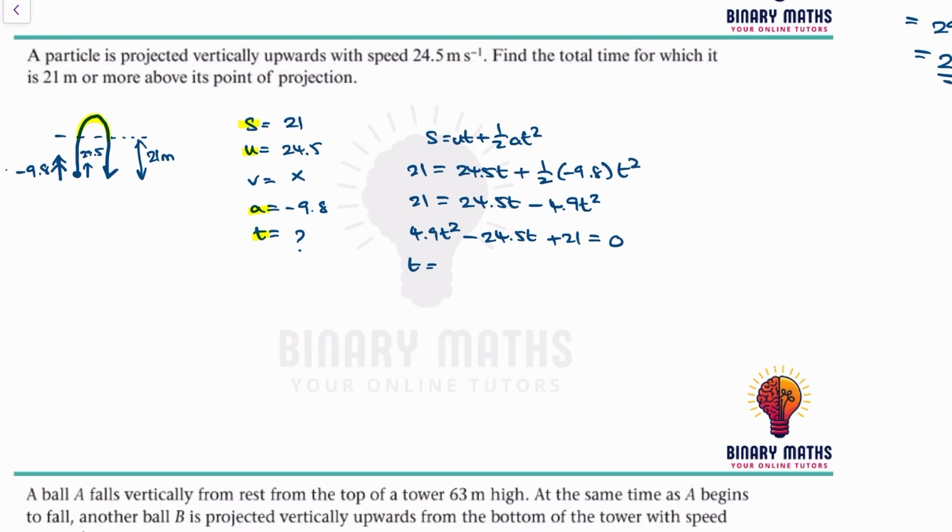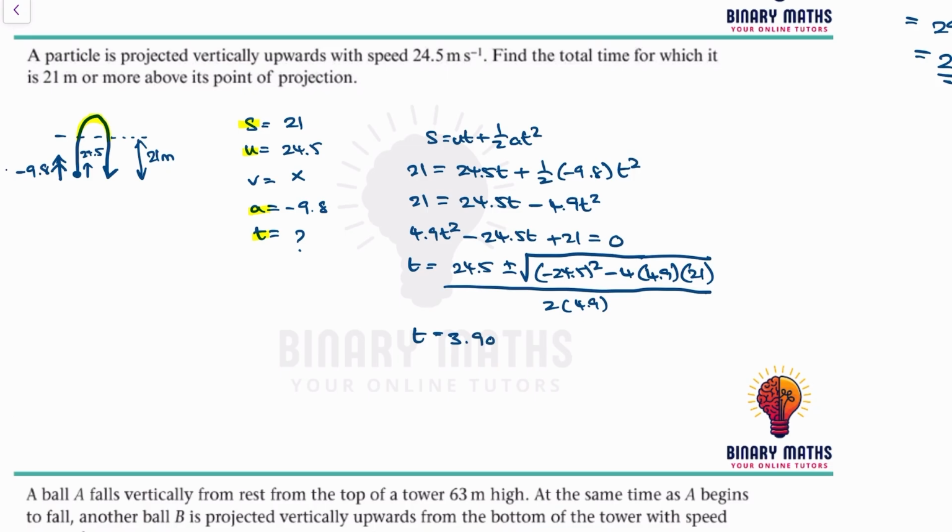T is equal to 24.5 plus or minus the square root of 24.5 squared minus 4 times 4.9 times 21, all over 2 times 4.9, which means t is equal to 3.90152 and t is equal to 1.09847.